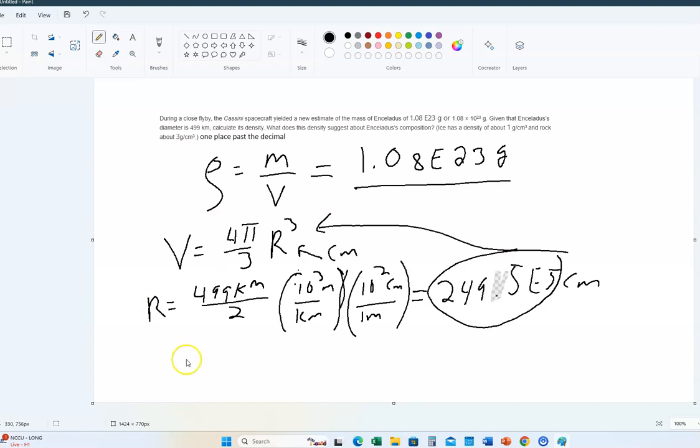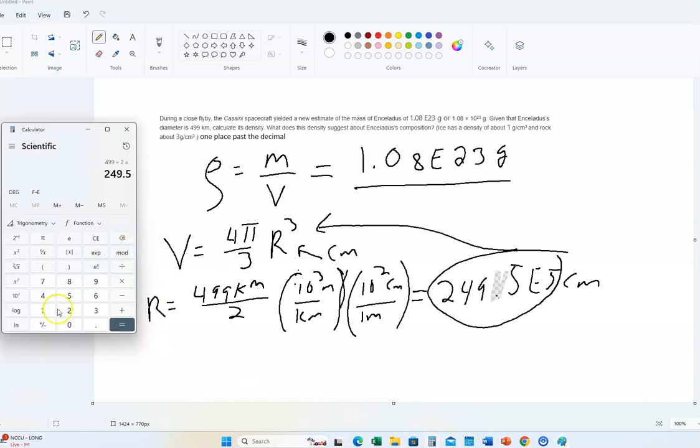So here, let's do this on our calculator. Let me just rewrite it. It's 249.5 and then exp to the 5th. And now we have to raise that to the 3rd power. With this calculator, you go x to the y and then raise it to the 3rd.